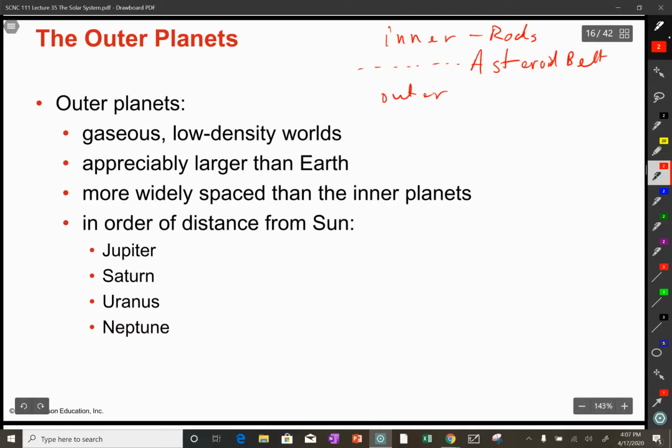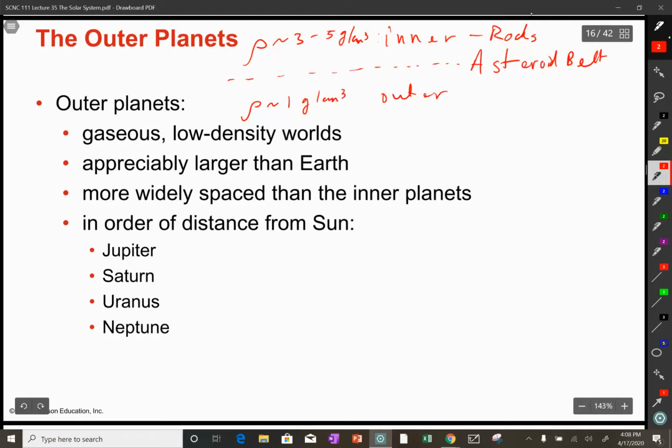They all have a solid rocky surface. They all have densities that are on the order of 3 to 5 grams per centimeter cubed. The outer planets have densities that are on the order of 1 gram per centimeter cubed. Saturn's is actually less than 1. 1 is the density of water on Earth.